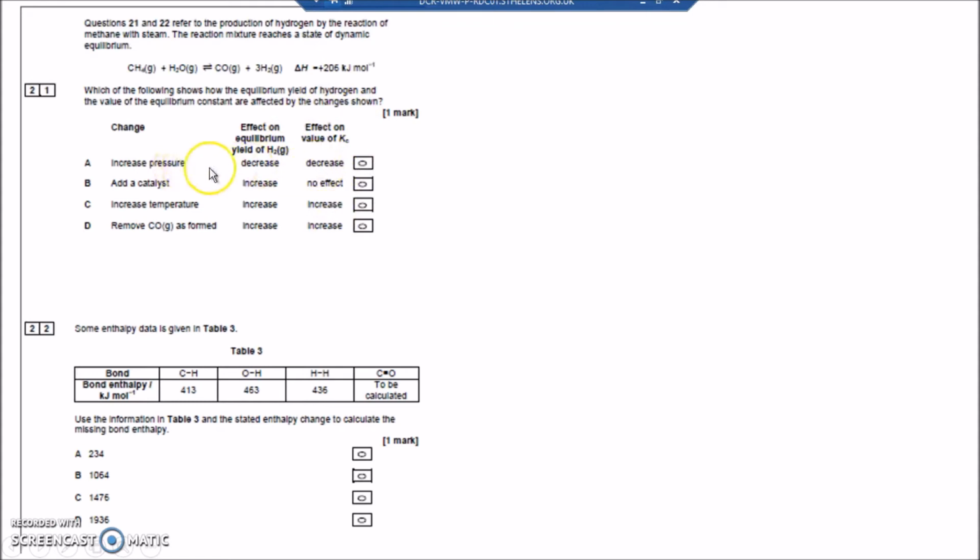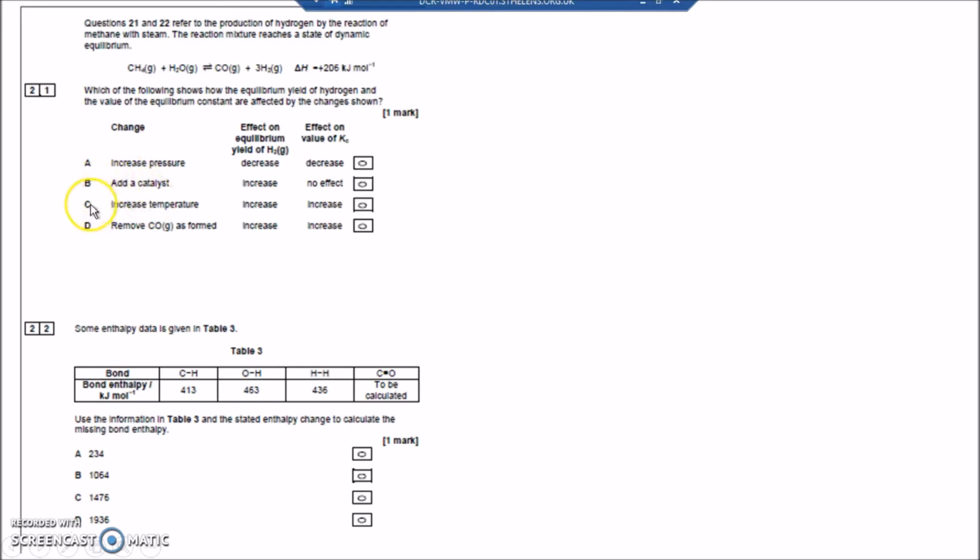So Kc can't be changed by increasing pressure. A is definitely wrong. And removing CO2, an increase in Kc, no, that can't be right as well. So A and D are definitely wrong, because if we're going to change Kc, we'd have to change the temperature, and it doesn't mention changing the temperature.